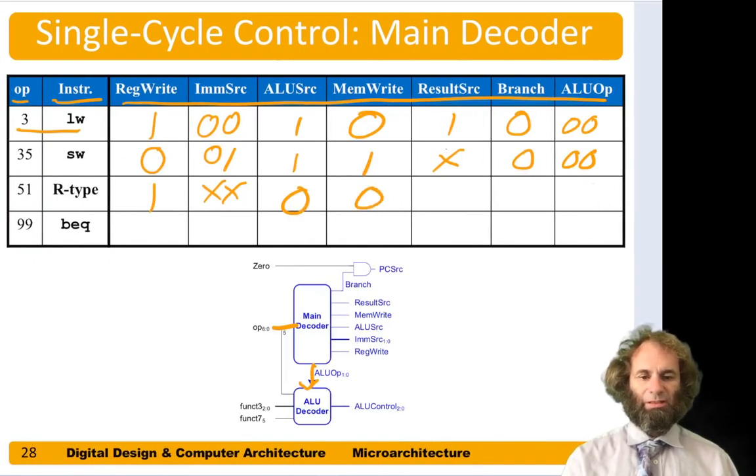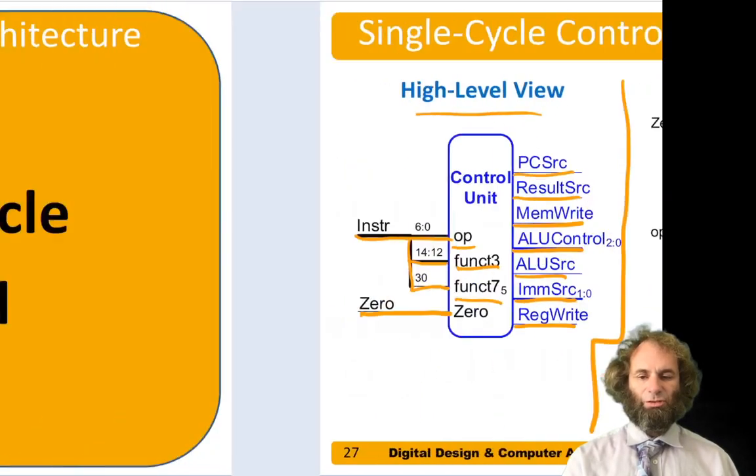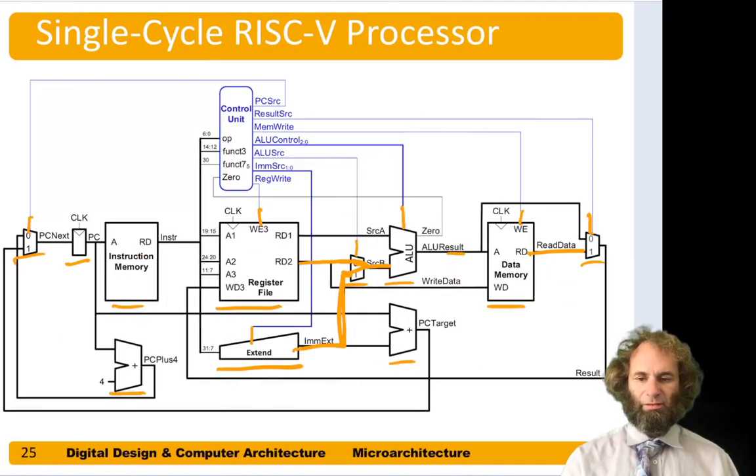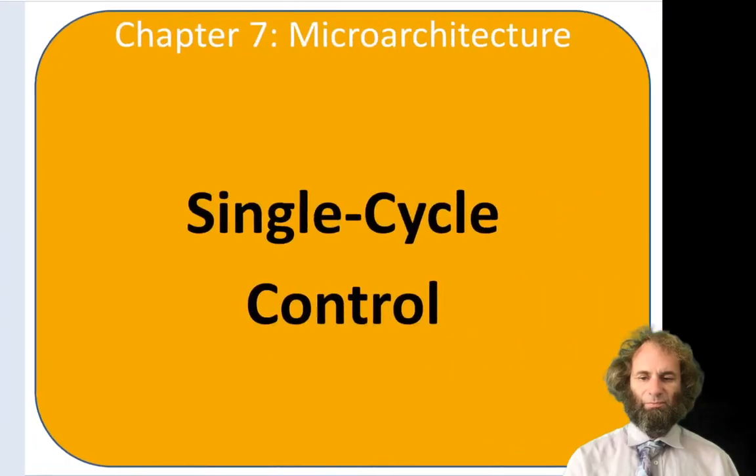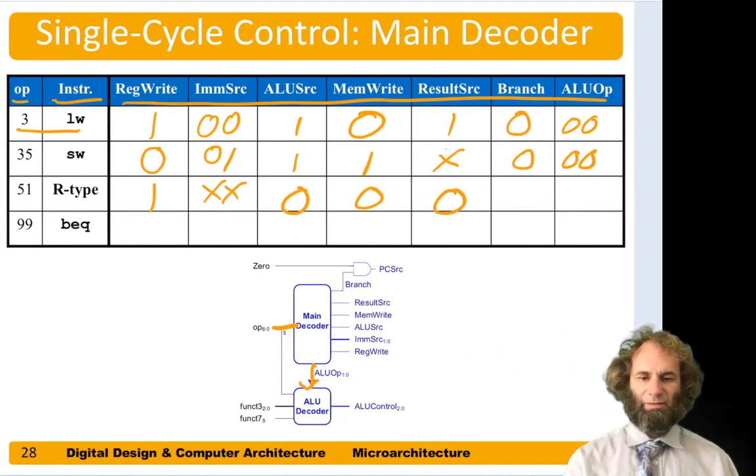Mem-write is 0 because R-type instructions don't write to the memory. Result source, this time we want to choose our result from the ALU result, so result source should be 0. R-type instructions are not a branch, and for the ALU op, let's make it 1, 0 to tell the ALU decoder to look at the function field, and we'll design the ALU decoder in more detail shortly.